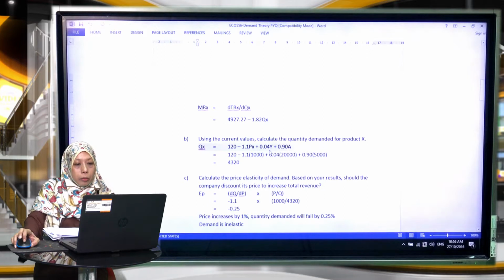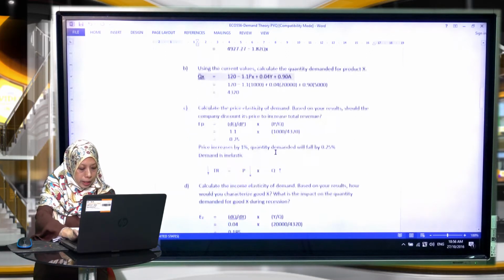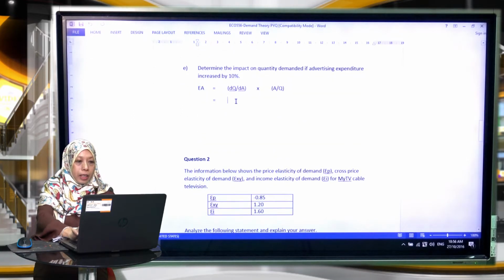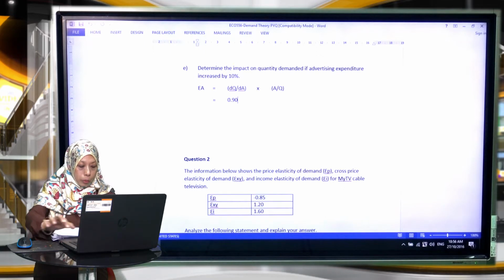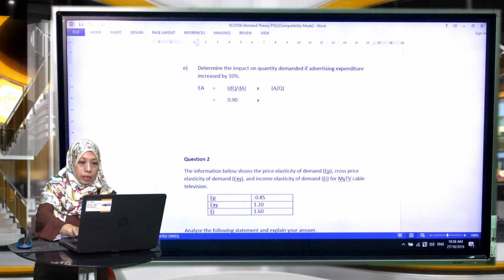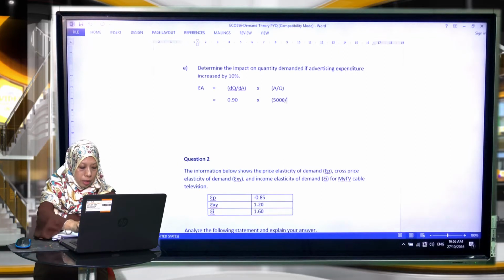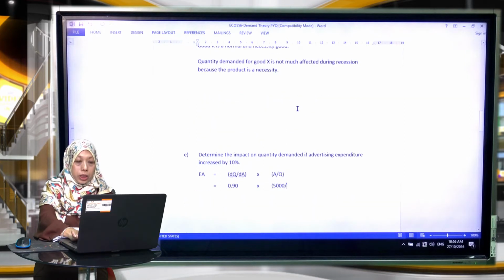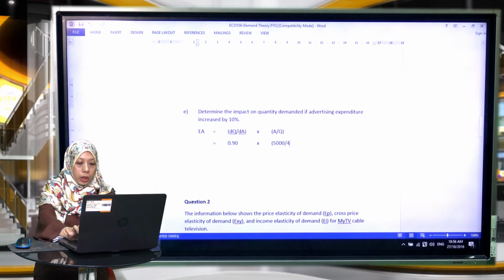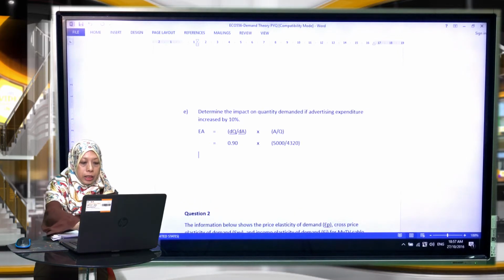That will give you a coefficient of 0.9. Then multiply by the current value of advertising, which is given as 5,000, and your Q value, there is no change, so it is still 4320. So this will give you a coefficient of 1.04.